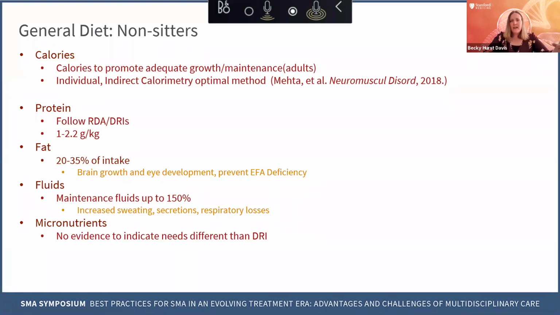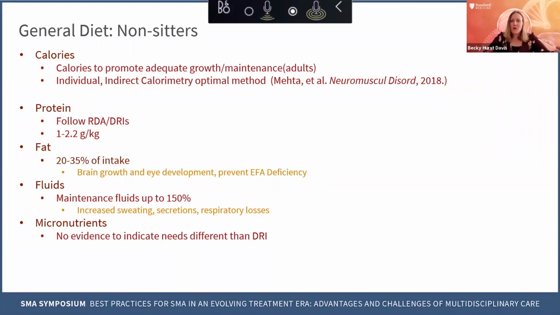Dr. Mehta had looked at indirect calorimetry as the most optimal method. A lot of people don't have access to that. And so what I recommend is to use either the WHO standard equation or the Schofield equation. I generally go between 9 to 11 kcals per centimeter in older kids. You go from there, and then you make adjustments to promote growth.